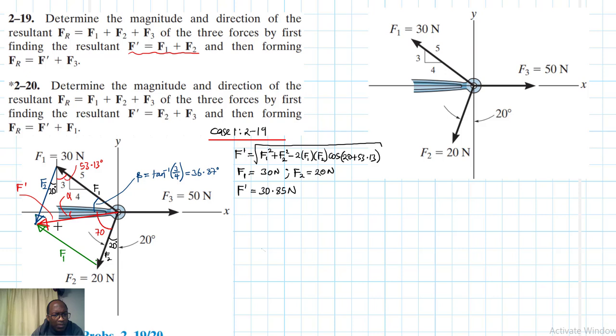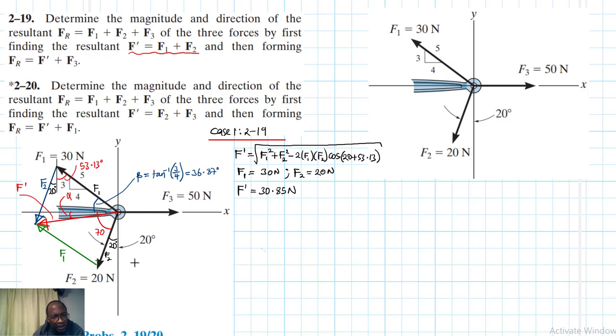Here we go. So let's find this alpha. It will be vital in our second case when we draw this. Let's find it here down.